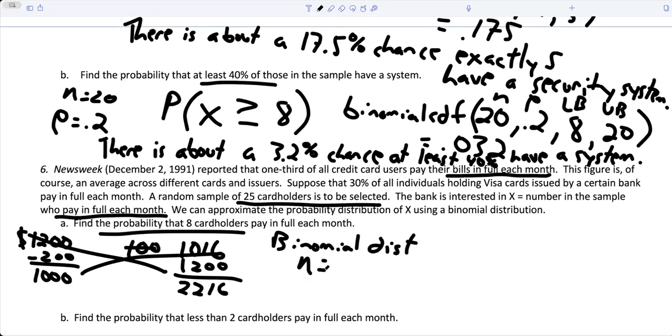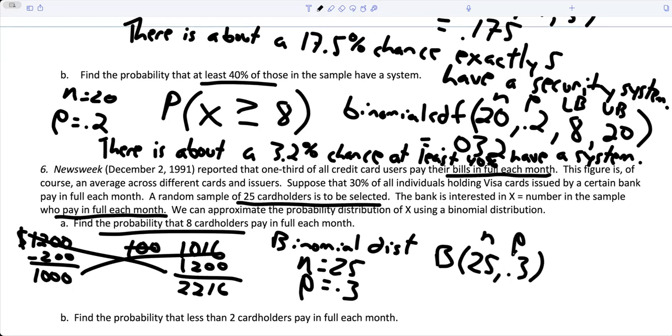Okay, n is 25. Probability of success in this case is going to be 0.3. So I've got binomial distribution with 25, comma 0.3. You can also write it like this in the standard notation. And we want the probability that X equals 8.